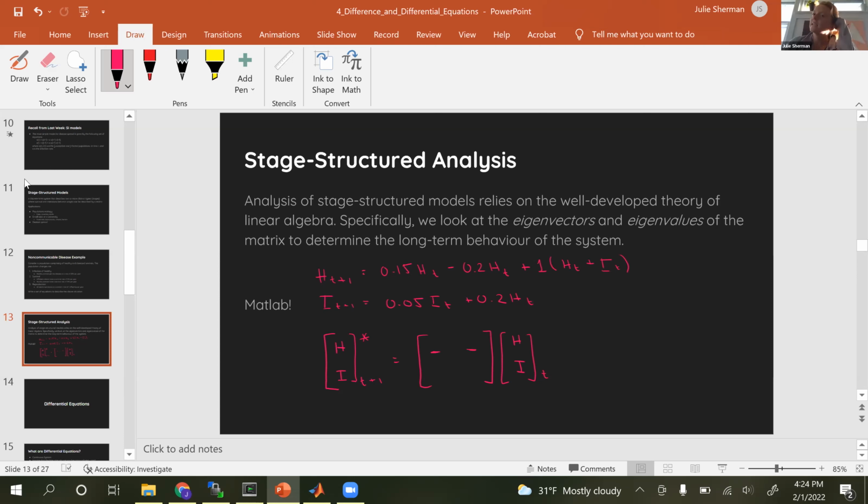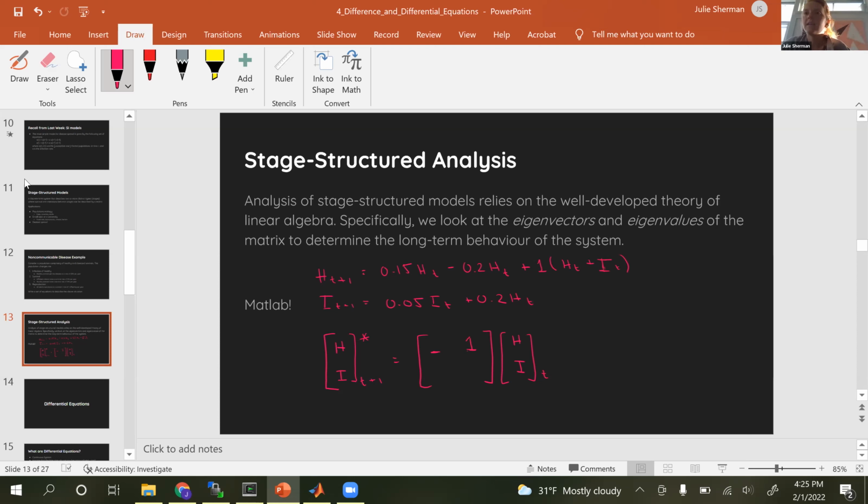So in this case, we know that the contribution from the ill at time t is just going to be 1, right? That's the only thing that comes from the infected population. So this right here is going to be a 1.